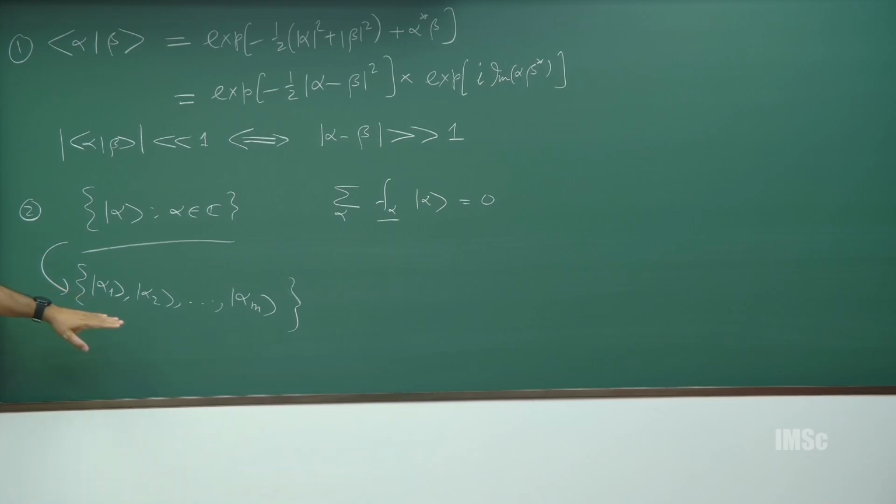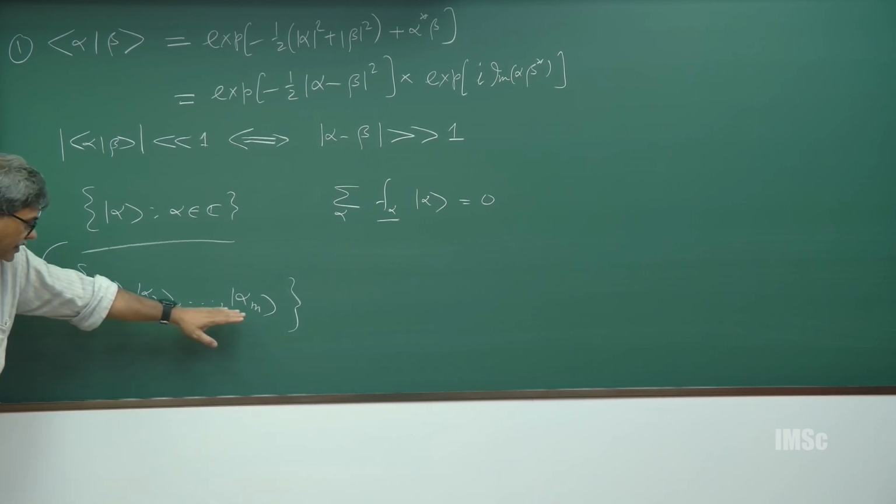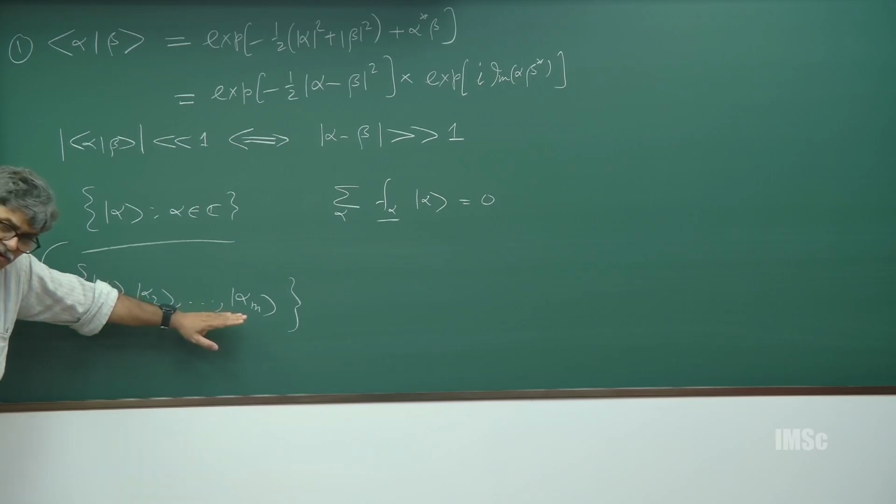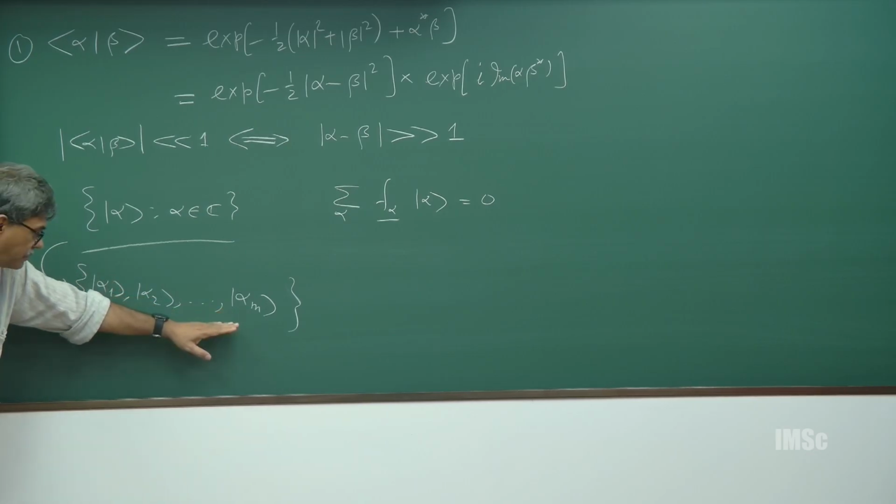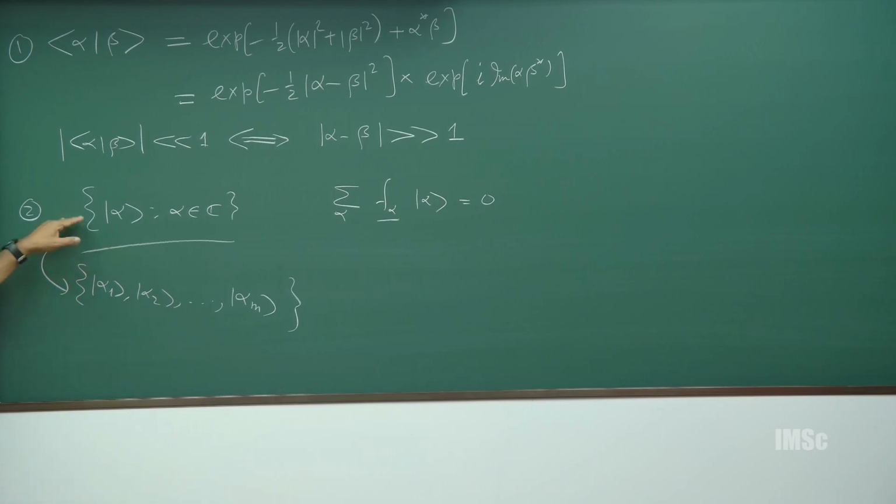So, I am not going to prove this, but you can argue yourself that if I choose alpha 1, alpha 2, up to alpha m to be different from each other, then they form a linearly independent set of coherent states, and that tells you that this set of coherent states is itself linearly independent by definition.